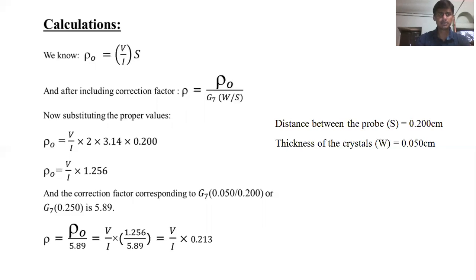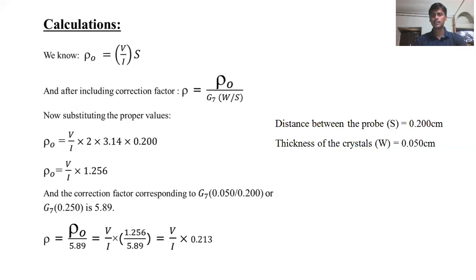Next, observation table. From the resistivity equation, rho equal to V by I into 0.213. In this equation there are two variables: the upper part is voltage and the second part is current. The current I is fixed throughout the experiment, and this is fixed by the current adjustment knob. The range of the current is 2.5 to 3 milliampere.